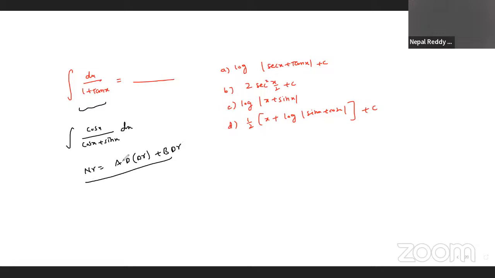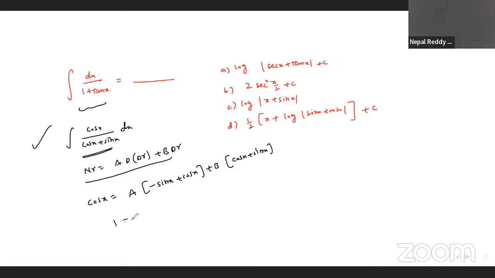This is the working rule for these types of questions. Just by writing tan x as sin x by cos x, you will get cos x by cos x plus sin x. Numerator here is cos x, and it can be written as a into differentiation of denominator part, cos x derivative minus sin x, and sin x derivative you will get cos x, then plus b into denominator, that is cos x plus sin x.